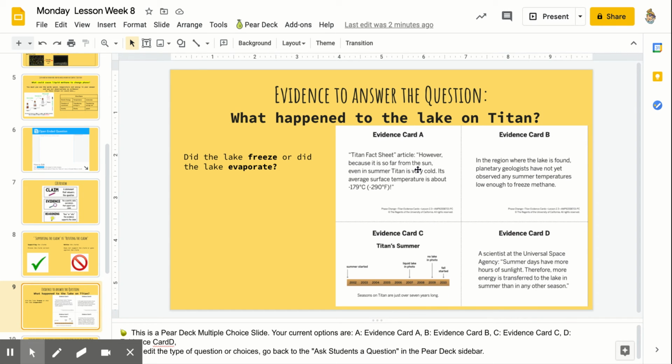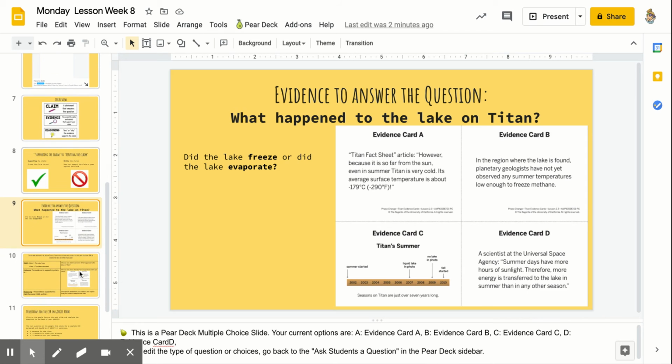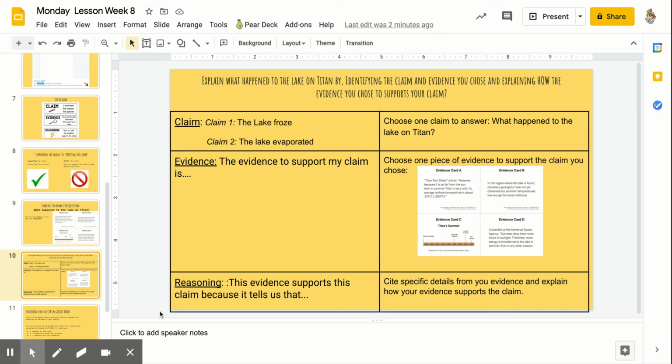So we have our evidence card A, evidence card B, evidence card C, and evidence card D. I'm going to have you write a complete CER using a Google Form template.